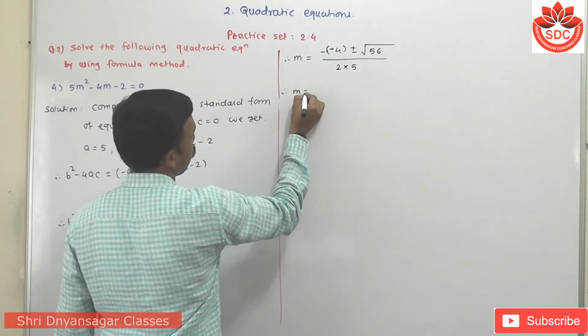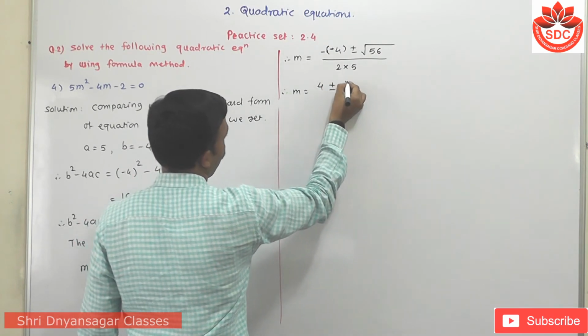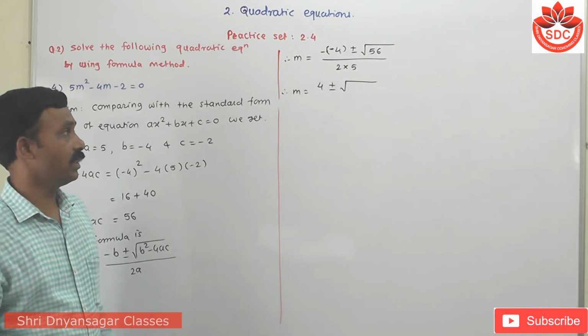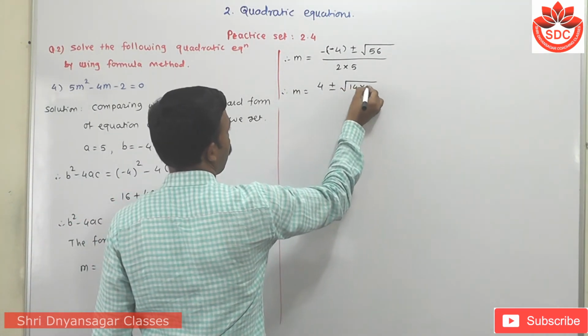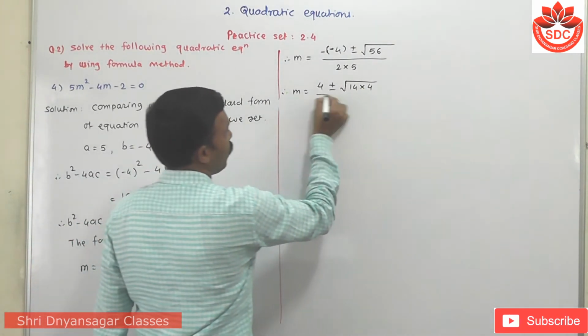Therefore m is equal to minus minus plus 4 plus minus. We cannot find the square root of 56, so we factorize this. 14 4s are 56. Then 5 2s are how much? 10.